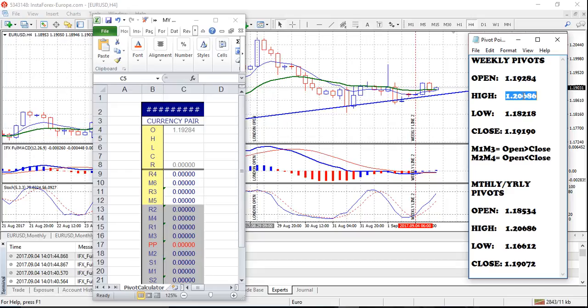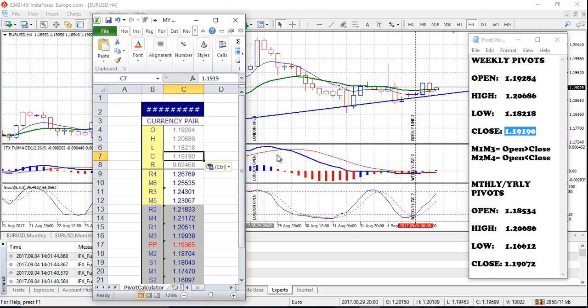So I will highlight this, do Ctrl C, come here, do Ctrl V, then move to the next. I'll highlight, do Ctrl C, come here, do Ctrl V, and then I'll move to the next cell, then I'll take the last one, do Ctrl C, and then Ctrl V. So I can close this one now.